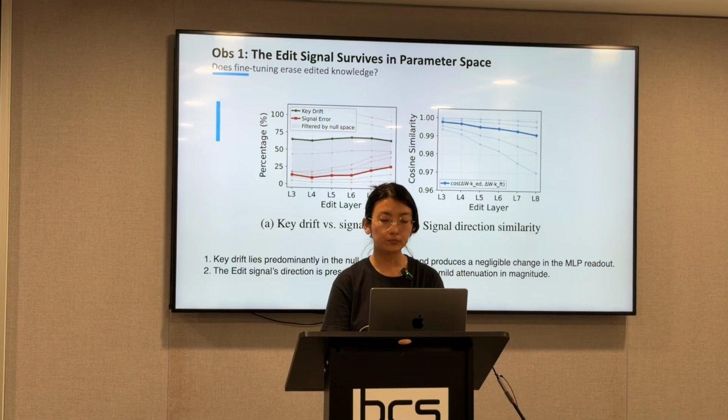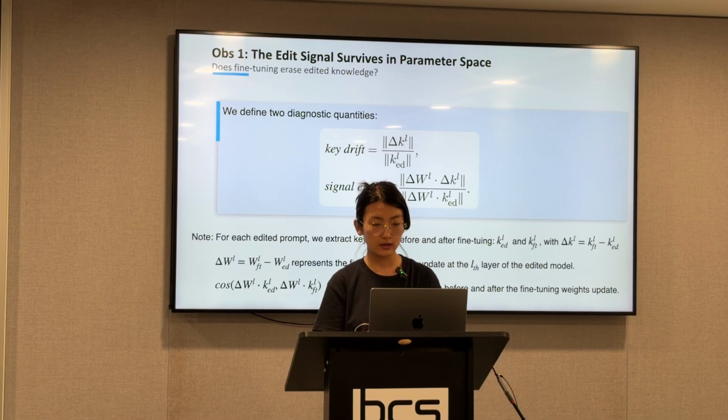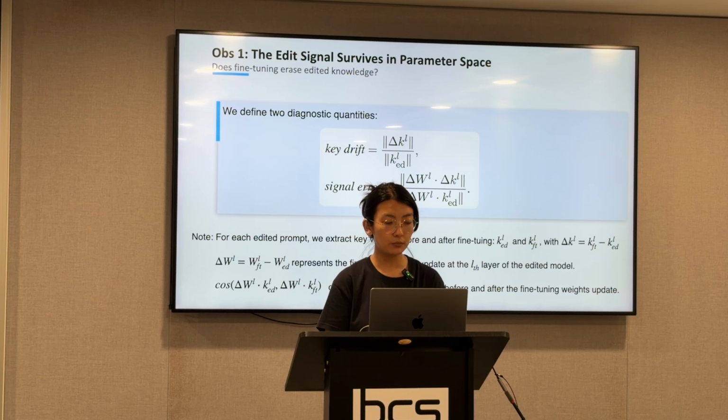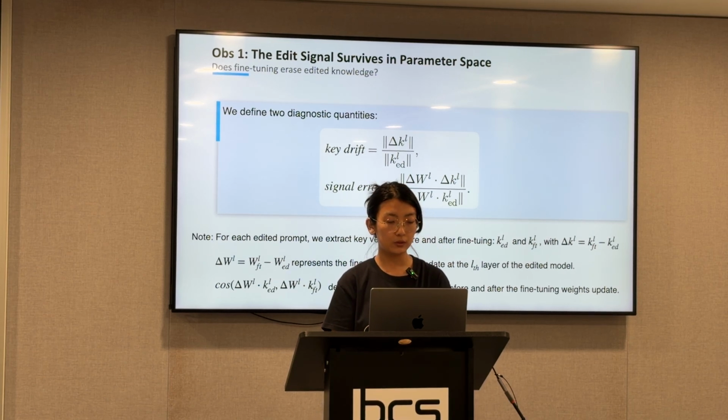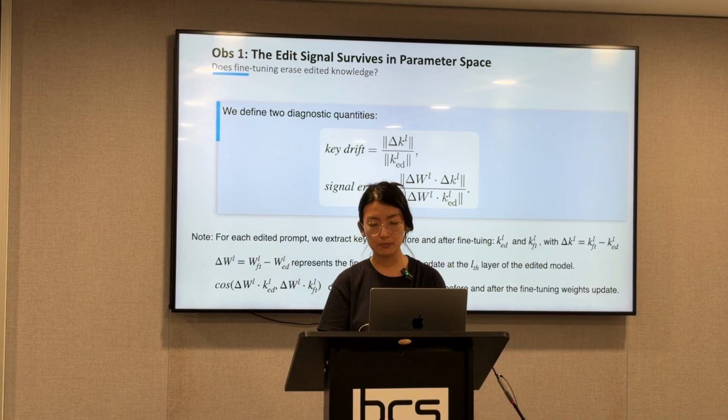Furthermore, Figure B shows the cosine similarity. We take delta W and the key vectors between the edited model and the fine-tuned models, and calculate the cosine similarity to denote the angle between the key vectors before and after the fine-tuning weight update.